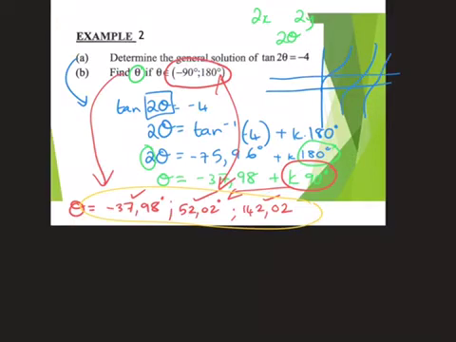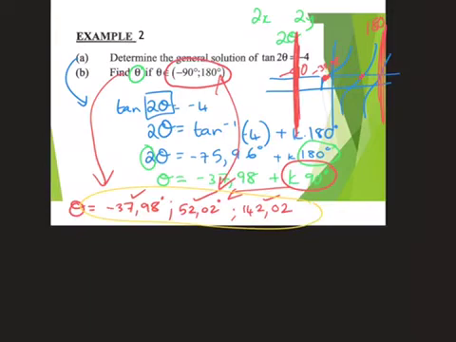So it's saying to us between negative 90 and 180, it's going to cut at negative 37,98.